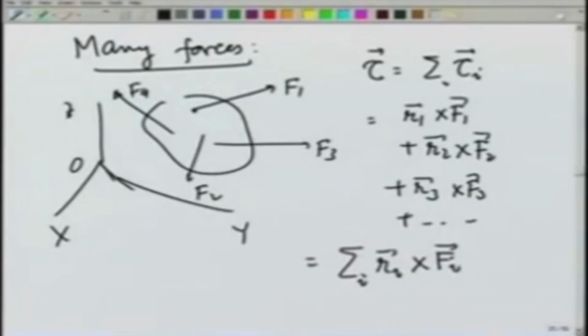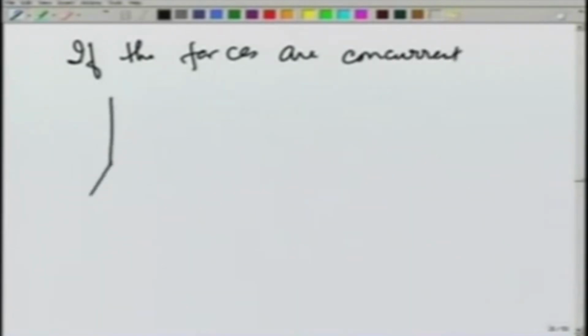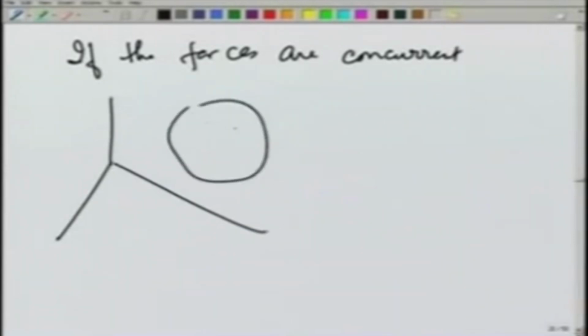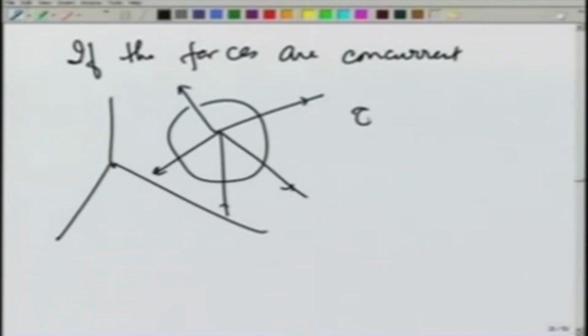If the forces are concurrent, that means they all meet at some point, this may be one force, this may be the other force, this may be the third force, fourth force, fifth force and so on, then I can take this point where they meet to be the point where I am going to take the torque displacement, and therefore, this is going to be Rj.